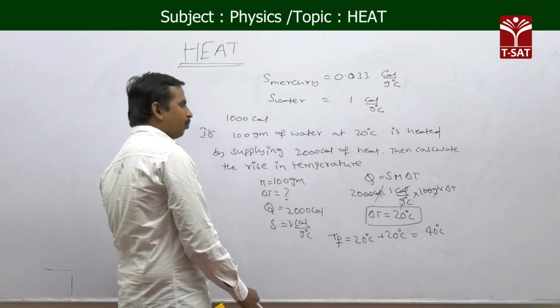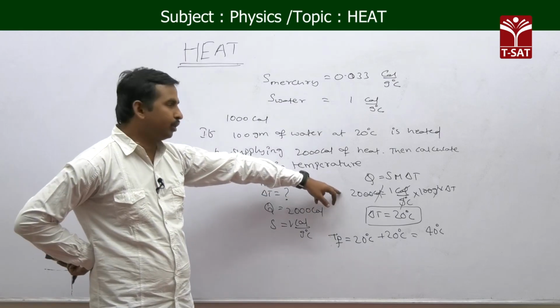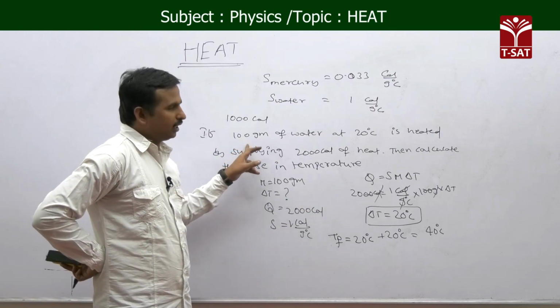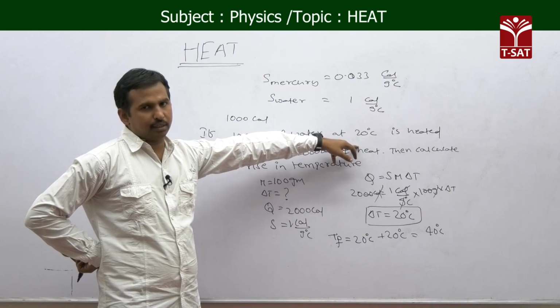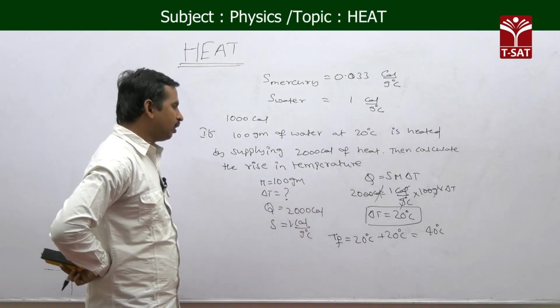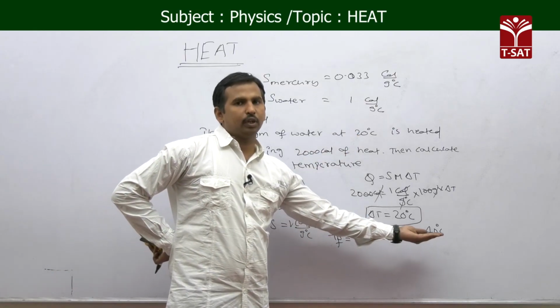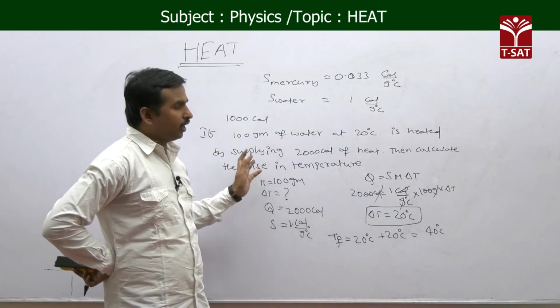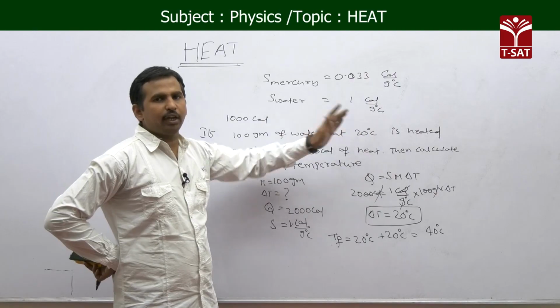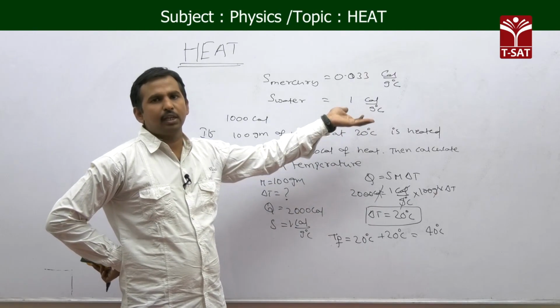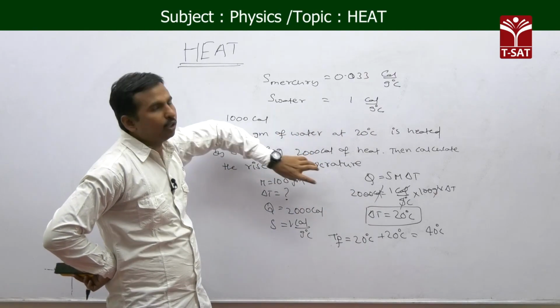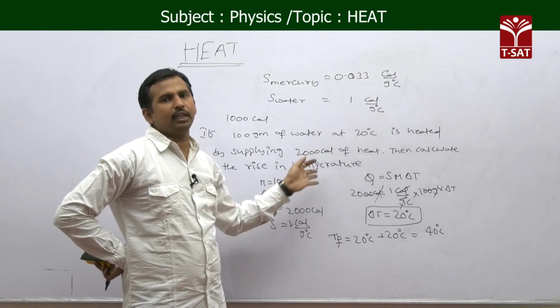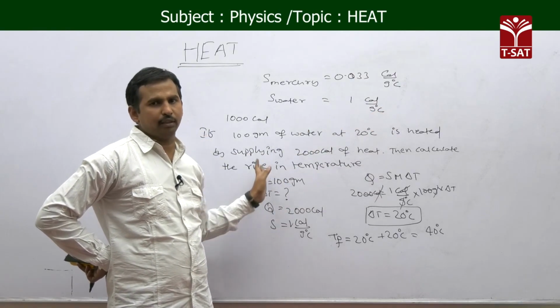So if you supply a heat of 2000 calories to 100 grams of water at 20 degrees Celsius, finally we get a temperature of 40 degrees Celsius. Okay, now I have understood how to find the rise in temperature if the heat energy is supplied, and in the same way, if you want to raise the temperature, how much heat energy is required, like this. Okay.